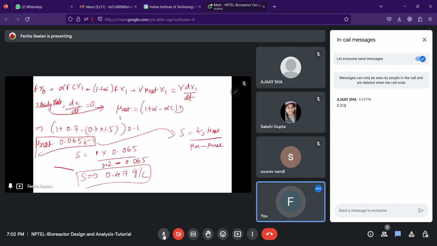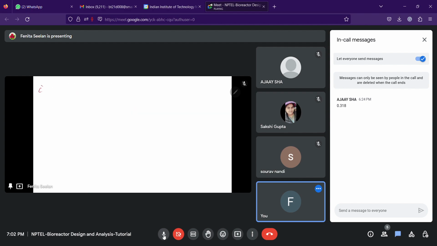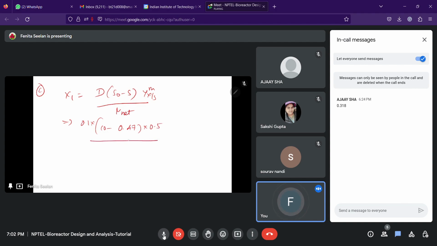To calculate x1, how do you do it? It is equal to your dilution rate, 0.1, into S naught, 10, minus the substrate we just calculated, 0.47, into your Y x/s, divided by 0.065.